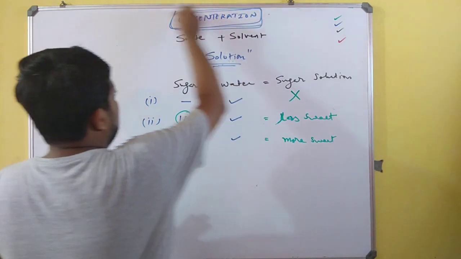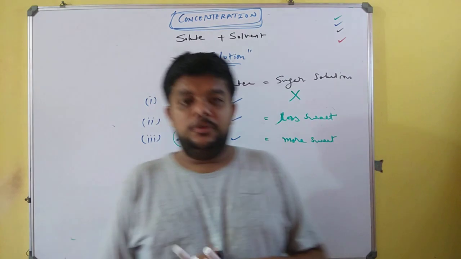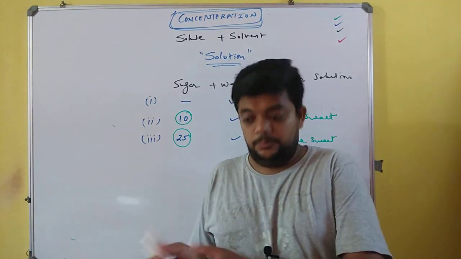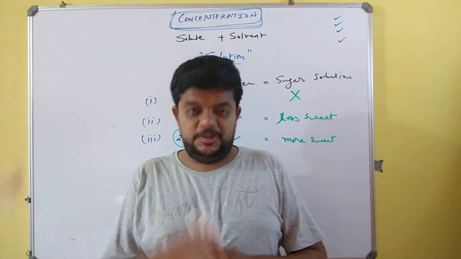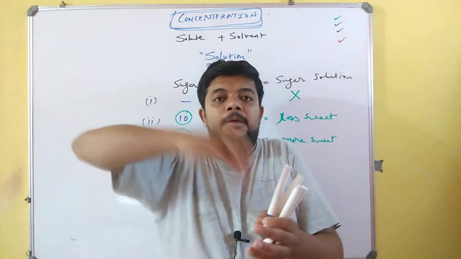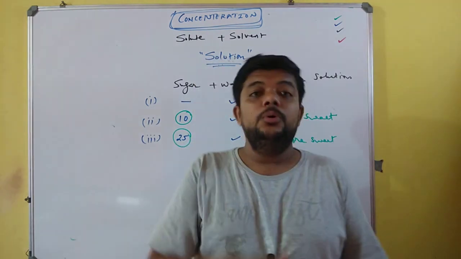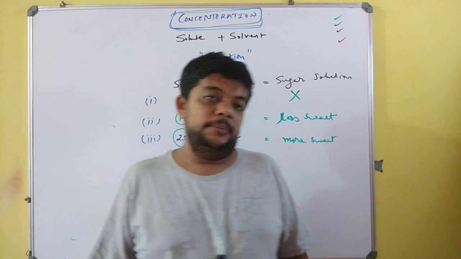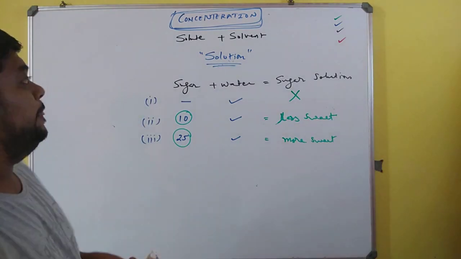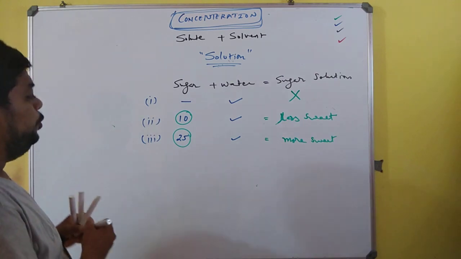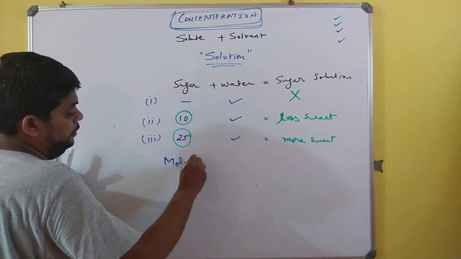So in concentration, we are generally concerned with the property of what we are adding and into what we are mixing. When I say what we are adding, it is solute, and into what we are adding, that refers to the solvent.